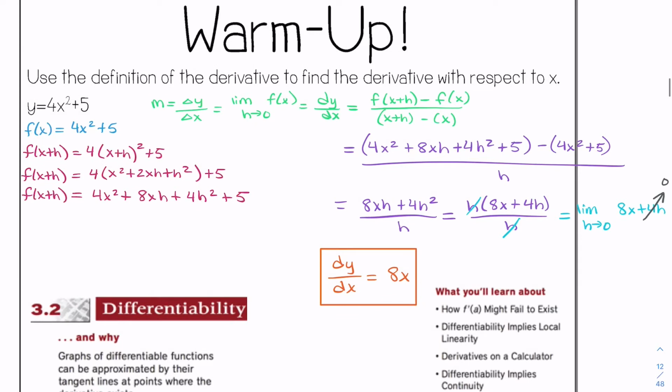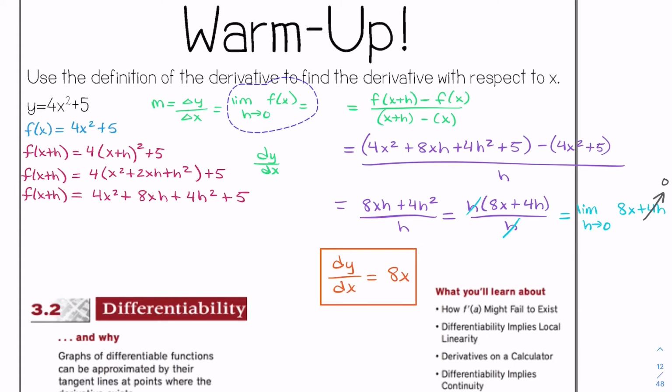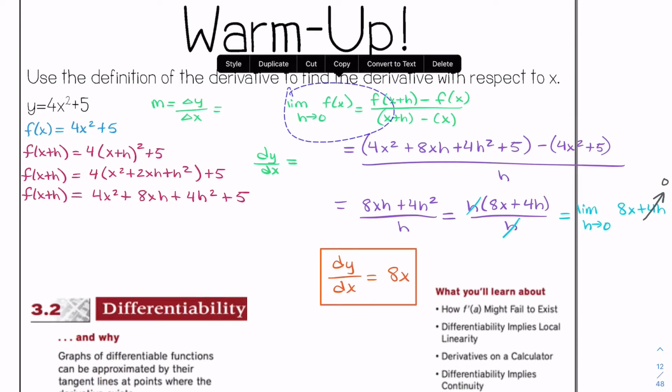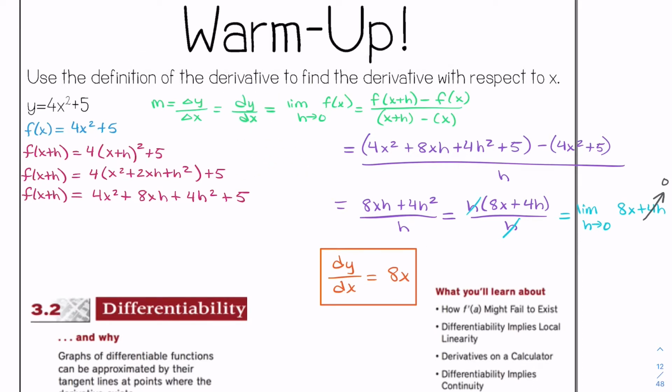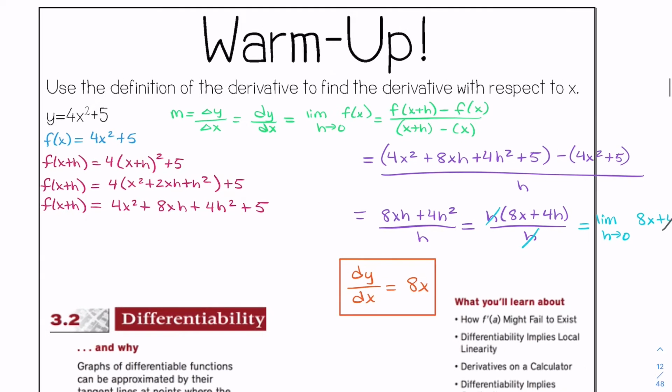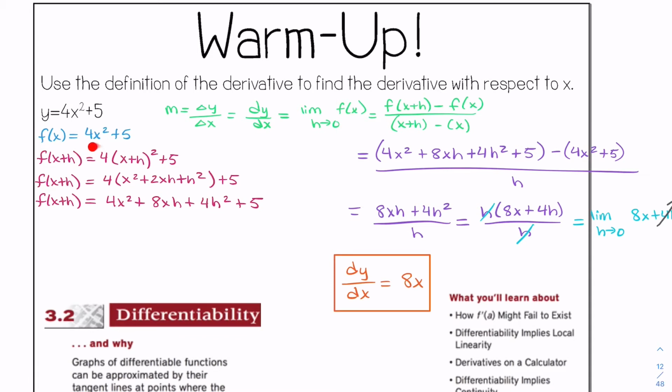So slope is equivalent to dy/dx, well, delta y over delta x is equivalent to dy/dx. All of these are equivalent, but we're going to first find what happens when I evaluate x in my function, which is exactly the function itself.